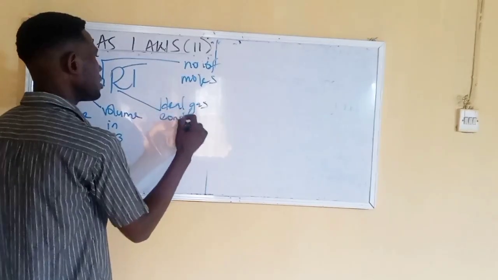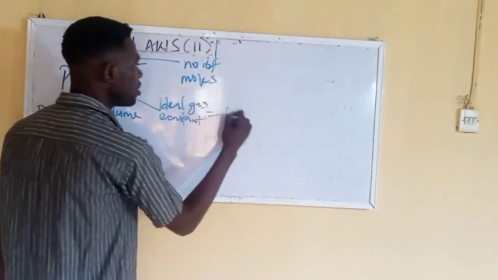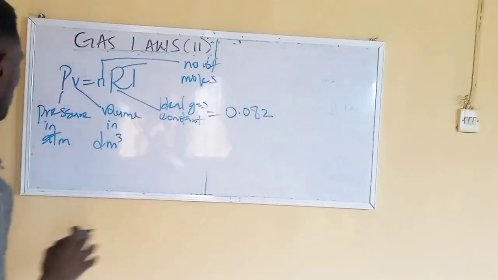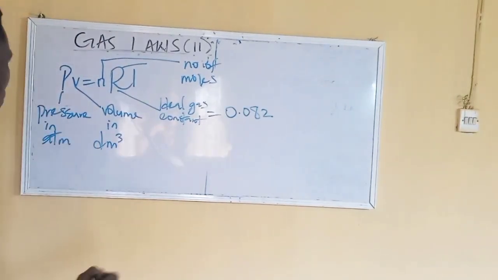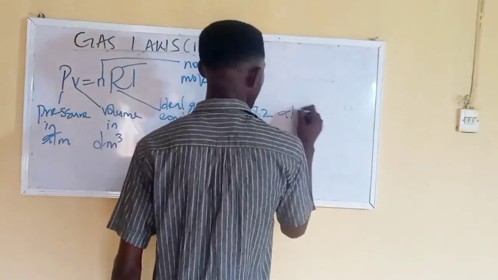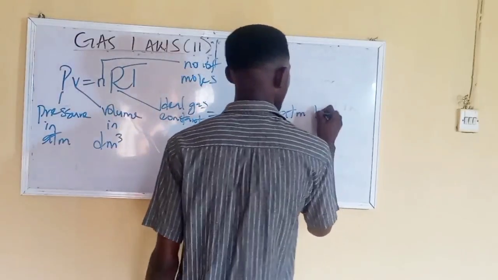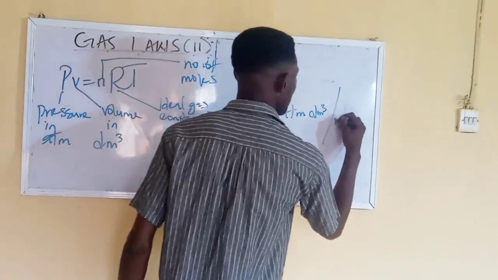It is a constant, and it is presented as 0.082 atmosphere dm cube per mole.